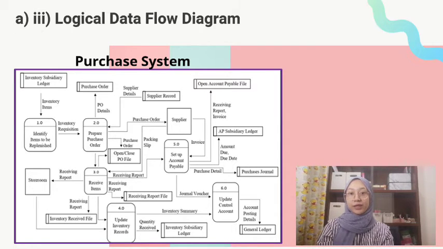In the storeroom, the storekeeper then files the receiving report in the department. In the inventory control department, after obtaining the receiving report from the receiving department, the clerk updates the inventory control account in the general ledger and files the receiving report in a receiving report file.